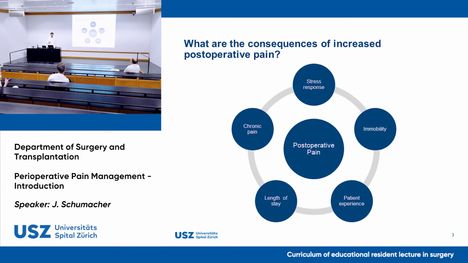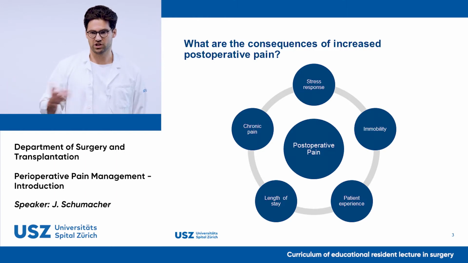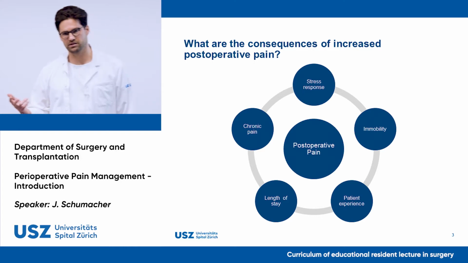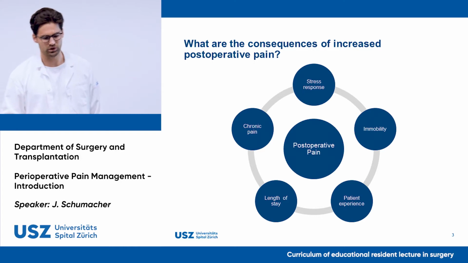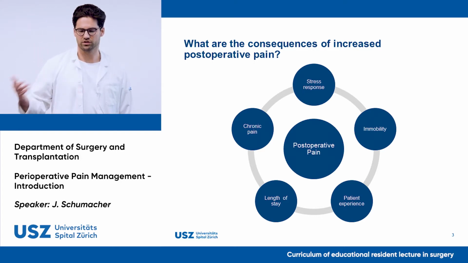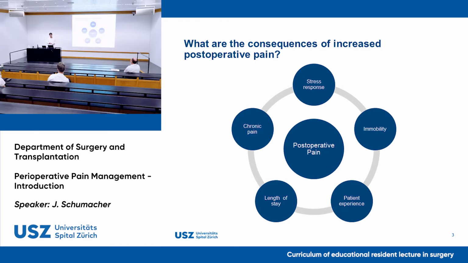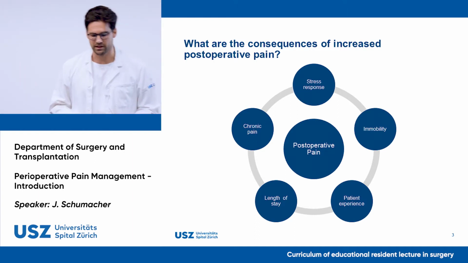Postoperative pain leads to immobility, which is generally associated with a higher risk for complications such as pneumonia or thromboembolism. Furthermore, stress comes from pain, and stress leads to a worse recovery and, in case of hemodynamic stability, to instability.